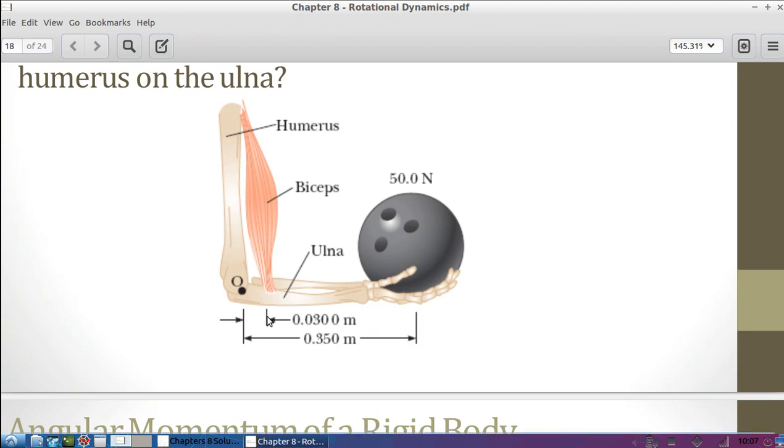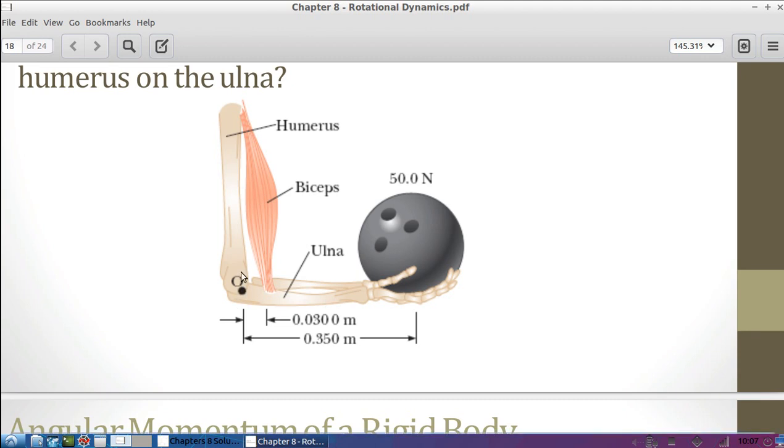I could pick right here where the biceps force is, because I know the distance between here and where the humerus force is being applied, and the distance between where the biceps force is being applied and the bowling ball. So I could pick this point. I could even pick the location of the bowling ball, because I know the distances between these three different pivot points. I can find the distances between the pivot point and the other forces.